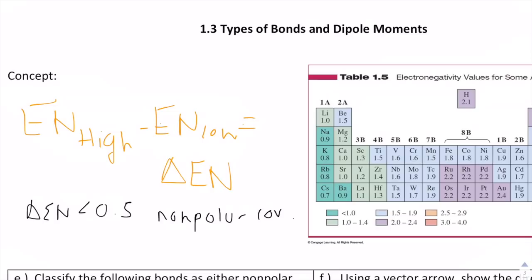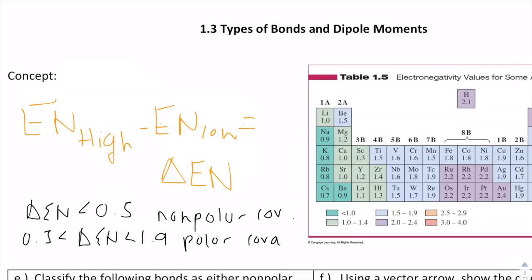Okay? So then if your delta EN is going to be between 0.5 and 1.9, then that's going to be classified as a polar covalent bond, because that is sufficient to cause a dipole in the molecule.